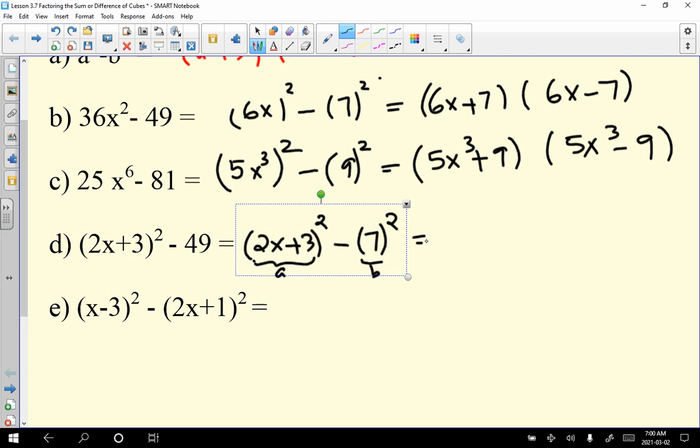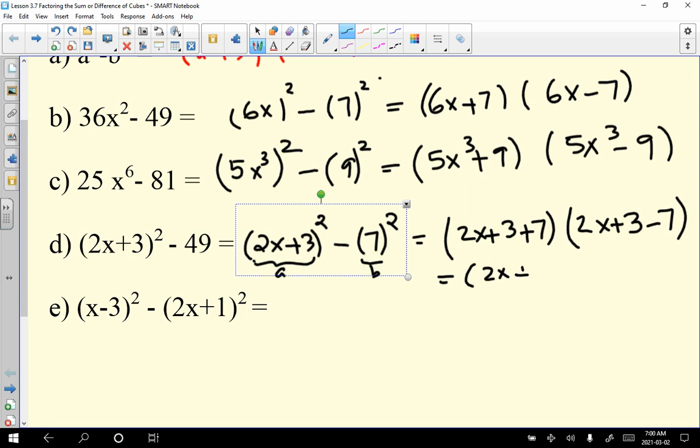So it will be equal to a plus b, which is 2x plus 3 plus 7, times a minus b, which is 2x plus 3 minus 7. So simplify that to 2x plus 10 and 2x minus 4.